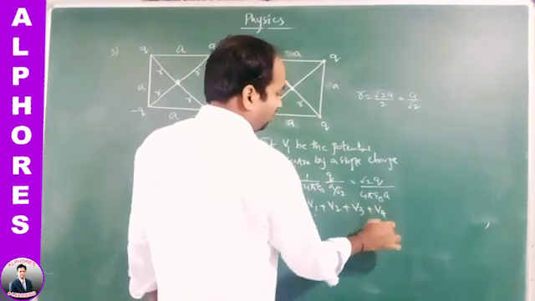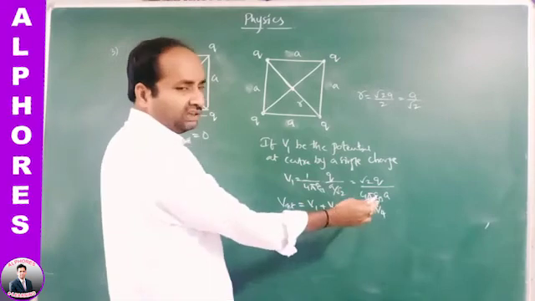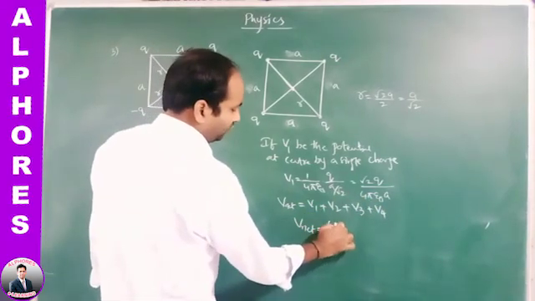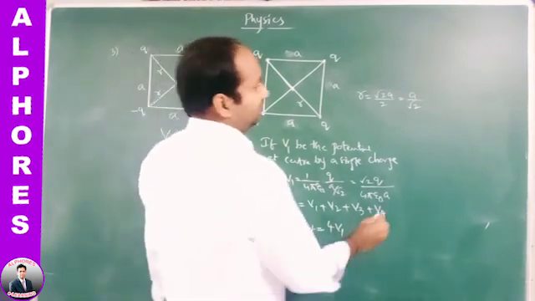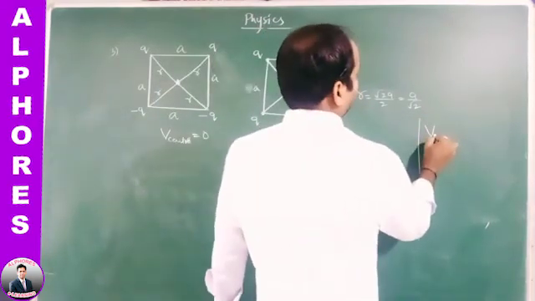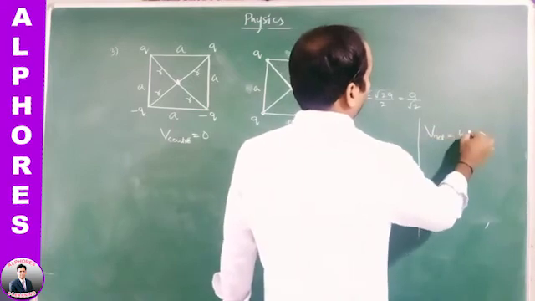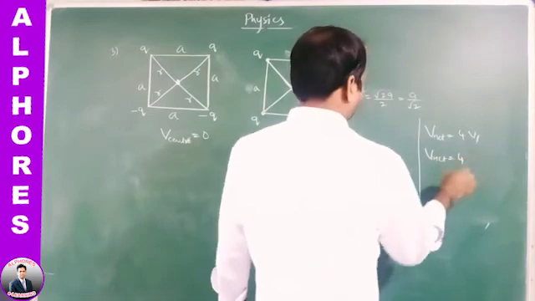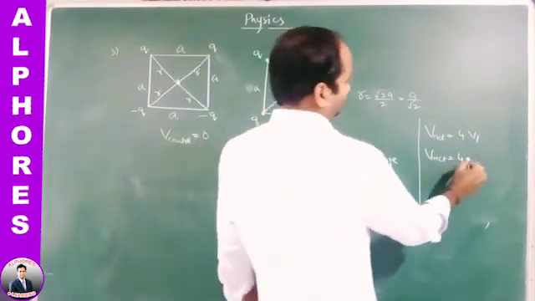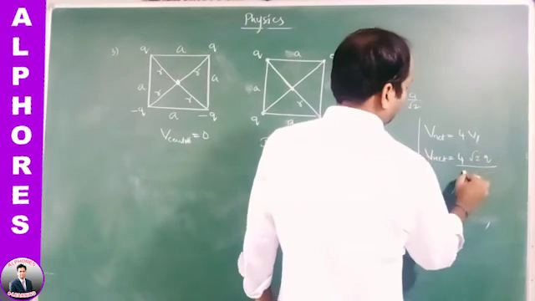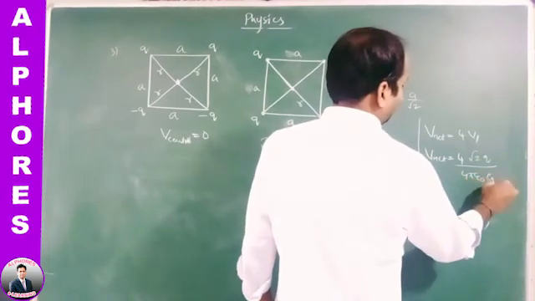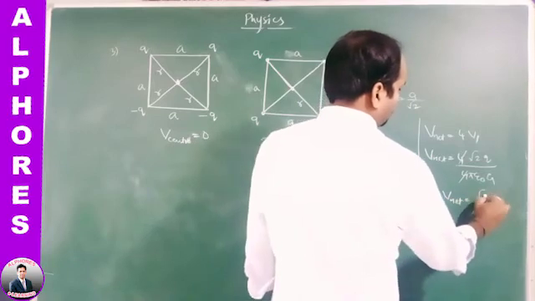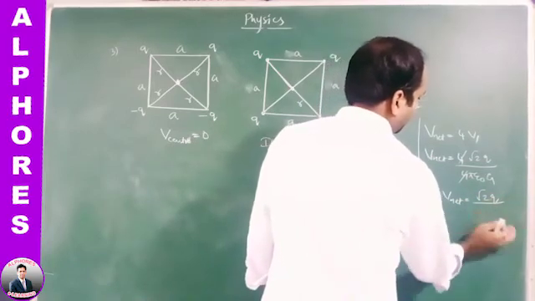But all are equal, so V net is equal to 4V1. V1 is root 2Q by 4 pi epsilon naught a. Therefore the net potential is root 2Q by pi epsilon naught a.